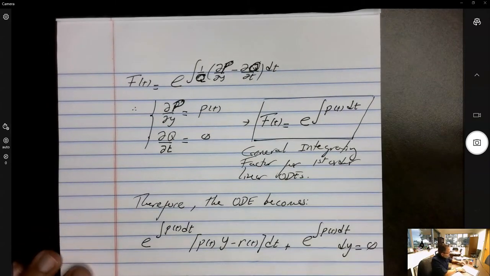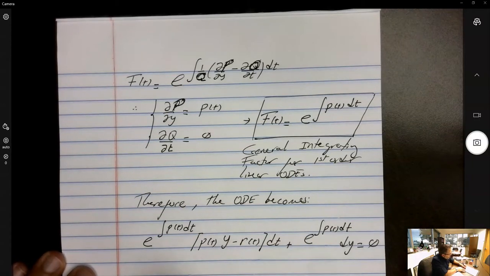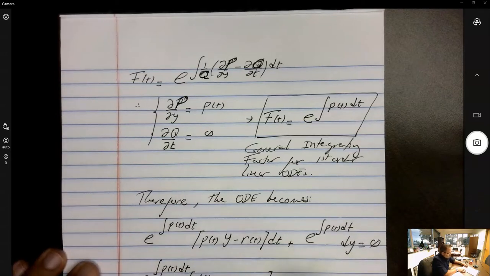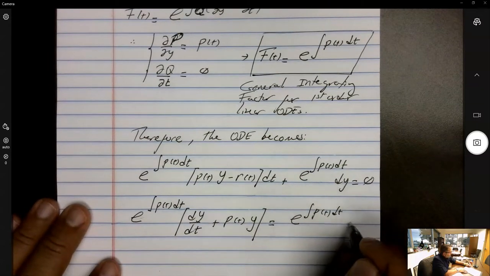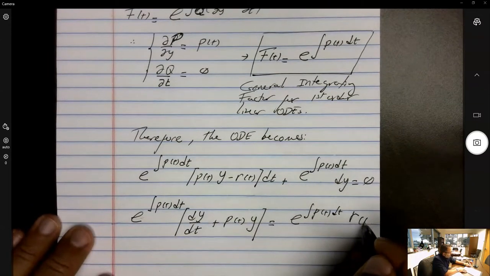So I can rearrange this: dividing the whole thing by dt, it will be e to the integral of p of t dt times dy/dt, plus p of t times y, is equal to e to the integral of p of t dt times r of t.